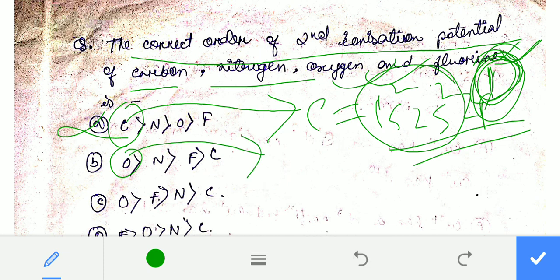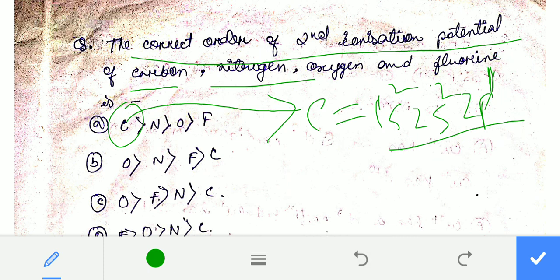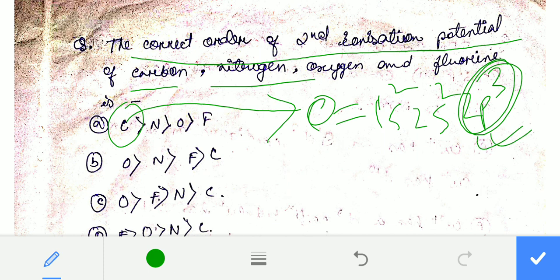For the oxygen atom, the electronic configuration is 1s2, 2s2 and 2p4. Now one electron has already been removed, so it will be 2p3. Since it is 2p3, what does that mean? It is a half-filled configuration in the p orbital, which is a stable configuration.